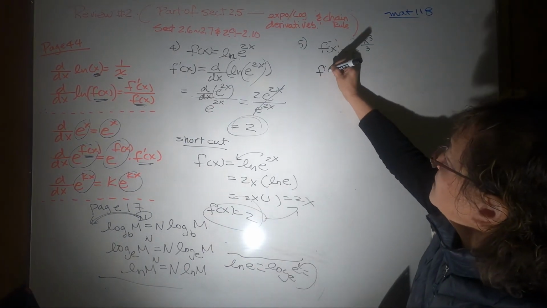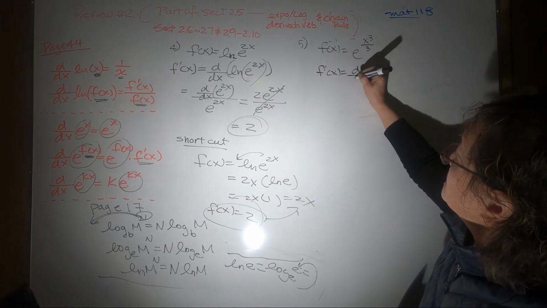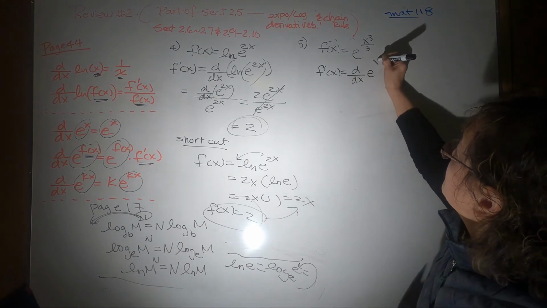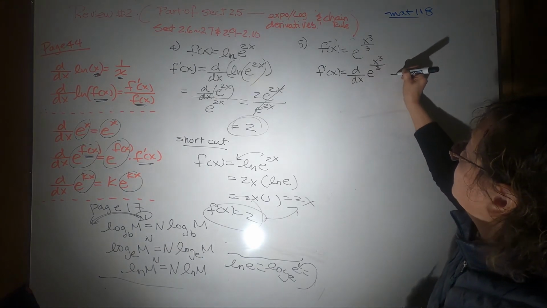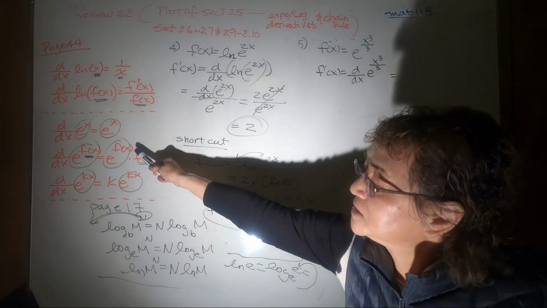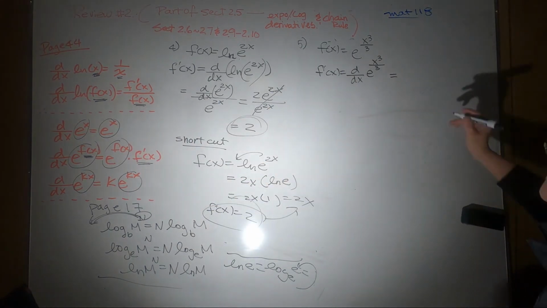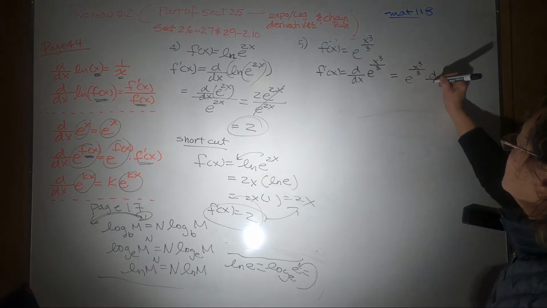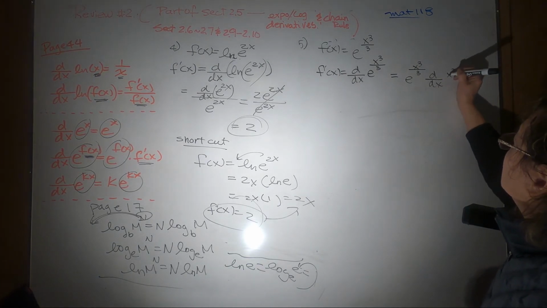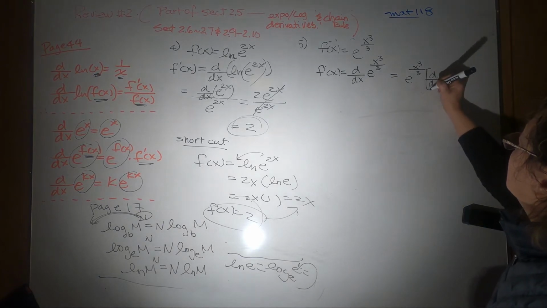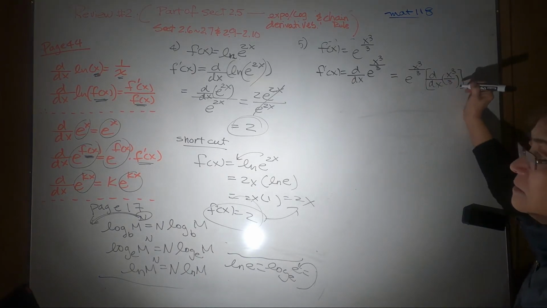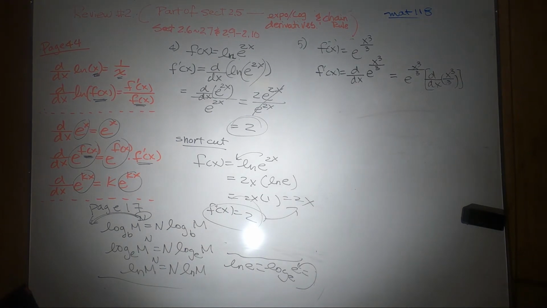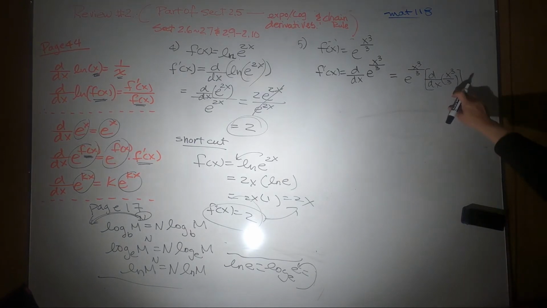So your f prime of x will be what? d/dx of e to the x cubed over 3. For the exponential, you do the same thing for whatever you have, then you do the chain rule for your power. So this one is very straightforward.